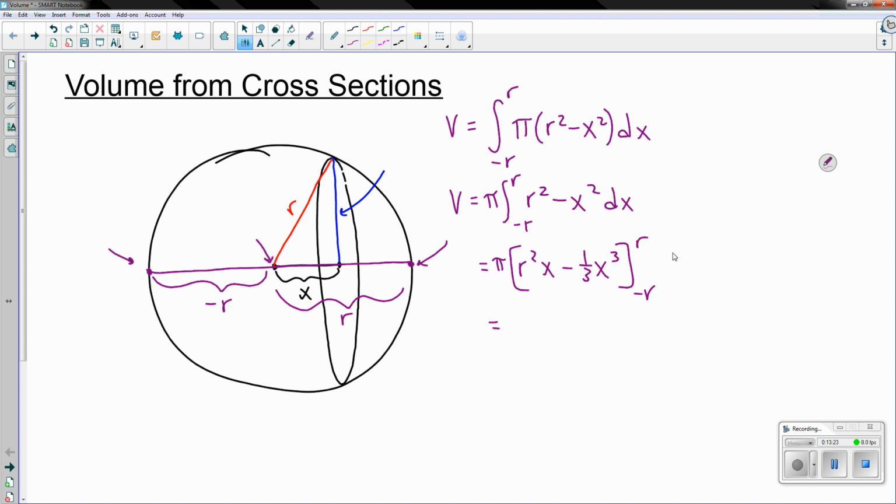When I plug in r, we're going to get r cubed minus 1/3 r cubed, minus what we get when we plug in negative r: negative r cubed plus 1/3 r cubed. Now let's clean this up.